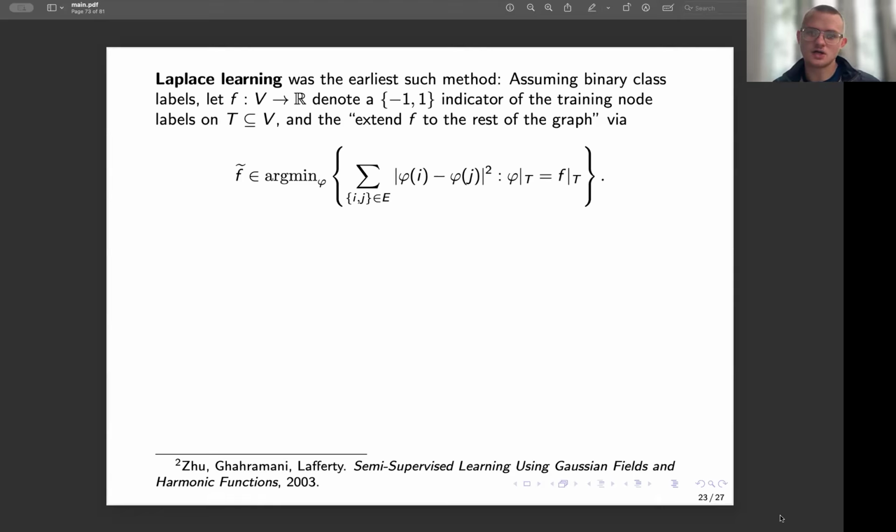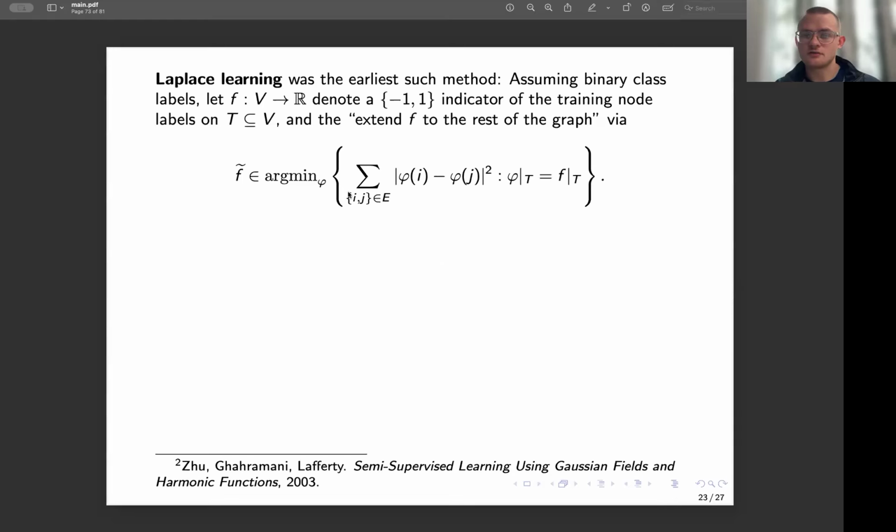So I have the ambient vertex set that contains all of my data, of which a subset T consists of our labeled examples, of which it's a small proportion. And the idea is that this -1, +1 indicator vector can be extended to the rest of the graph by looking at the minimum of this program here.